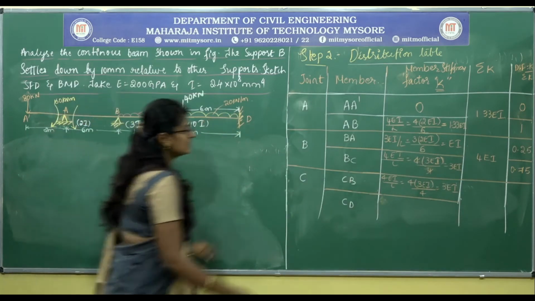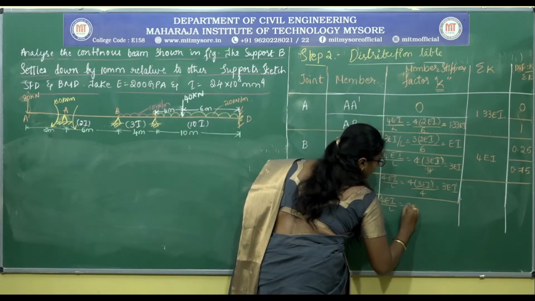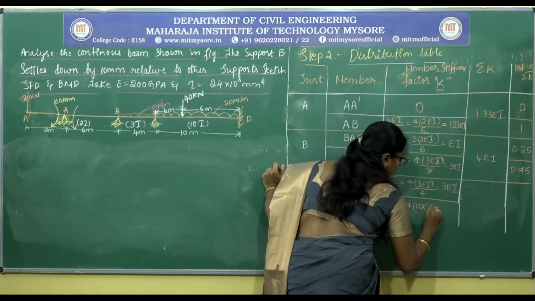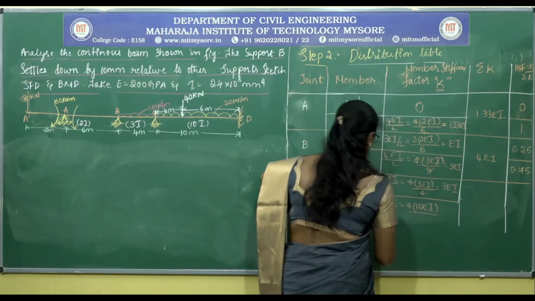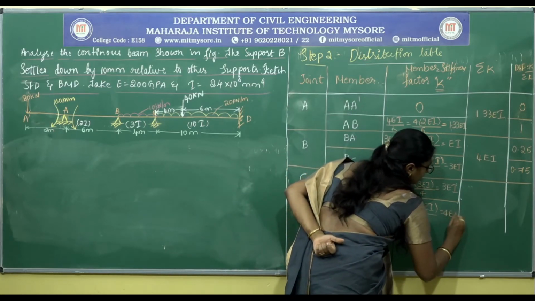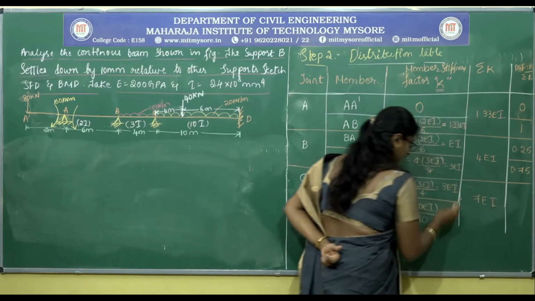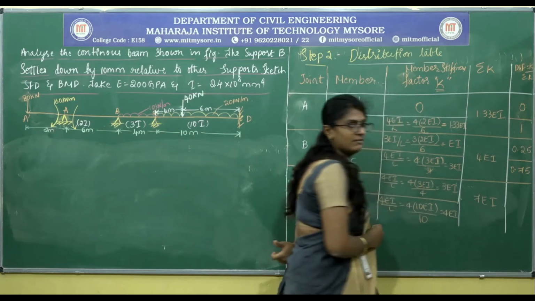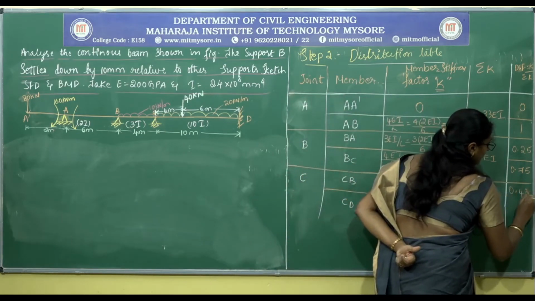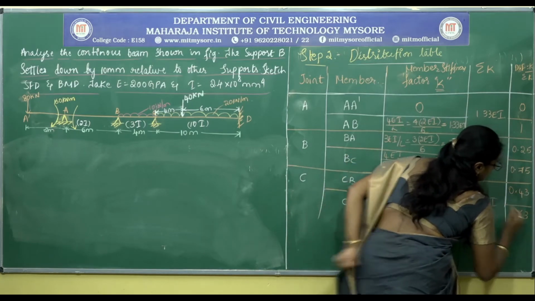Since the far end is fixed, it is 4EI by L. 4 into 10EI divided by, what is the length? 10 meters, that is equal to 4EI. The sigma K is equal to 7EI, which is 3 plus 4. Then 3 divided by 7 will give you 0.43 and 4 divided by 7 will give you 0.57.